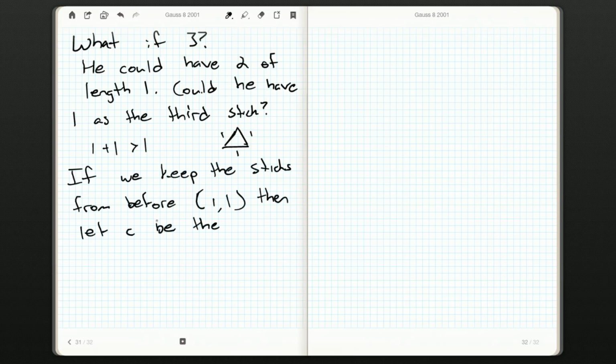So we're going to let C be the length of the 3rd stick. Well, since we can't form a triangle, we must have 1 plus 1 is less than or equal to C. And I want the longest stick, which in this case will have to be C. C is at least 2. I want that to be as short as possible.